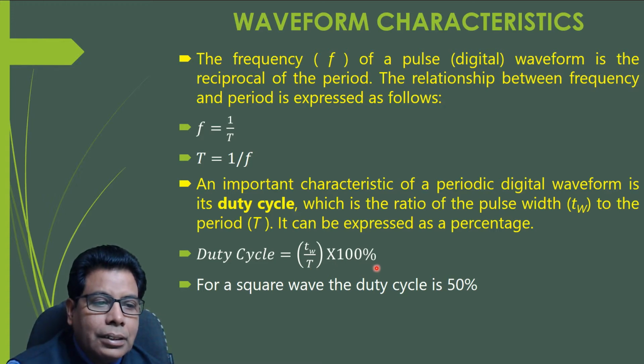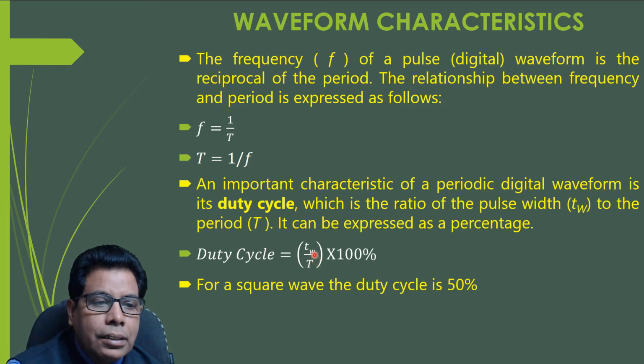So if you take a square wave, the duty cycle is 50%. Here you can take tw as t high, and you can take here t high plus t low.